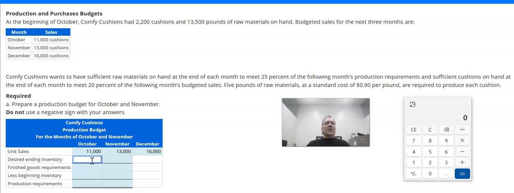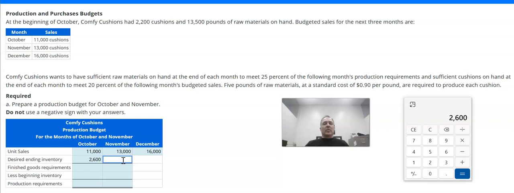And then it says desired ending inventory. Keep in mind, we're dealing with unit sales right here. That's our finished goods figure. So our desired ending inventory is going to be 20% of the following month's budgeted sales. For October, we're going to use this 13,000 right here because the following month is November. 13,000 times 0.2 is 2,600.